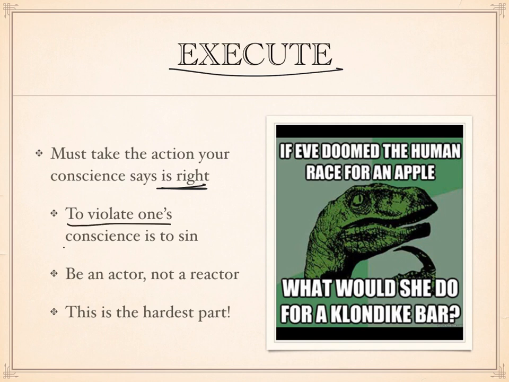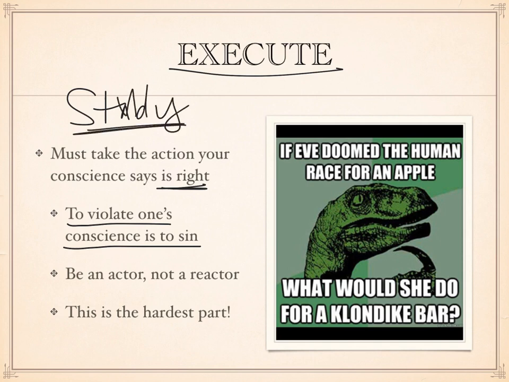To violate one's conscience is considered a sin. In Catholic moral teaching, if you remember back from when we looked at conscience in the Catechism, conscience is considered sacrosanct. So the study part of SEER is really important because you want to have a well-formed conscience, but you always have to go with what your conscience says is right, not your gut, not your emotions, the judgment of your intellect through your conscience.